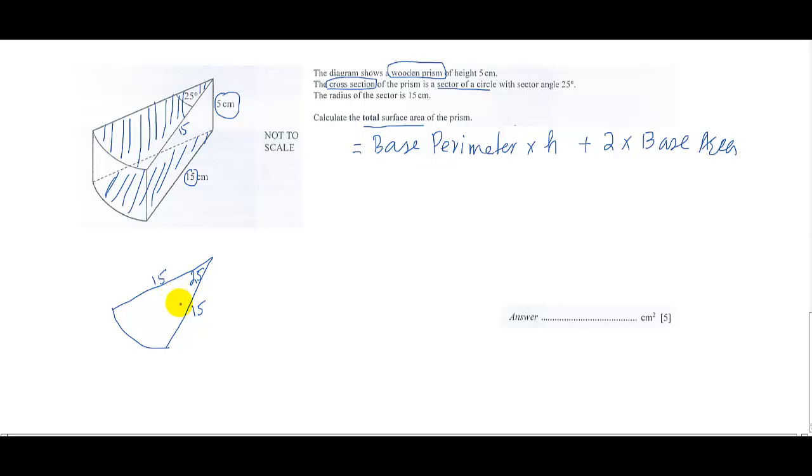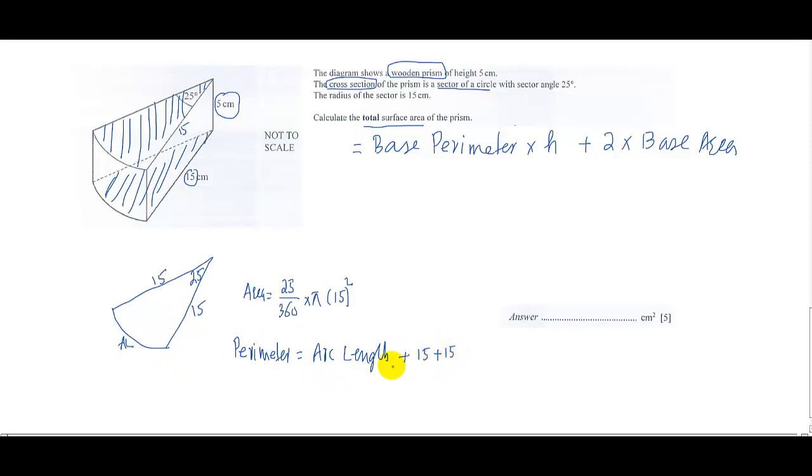So first we have to find the area of this sector, which is 25 over 360 into pi r square, where r is 15 square. Okay, and to find the perimeter of this sector, it is arc length, let me call it AL, plus radius 15 plus the second radius.